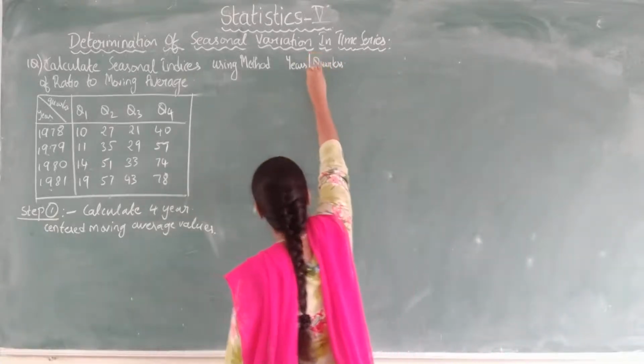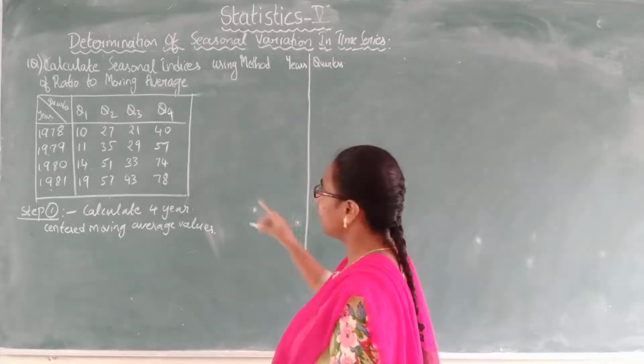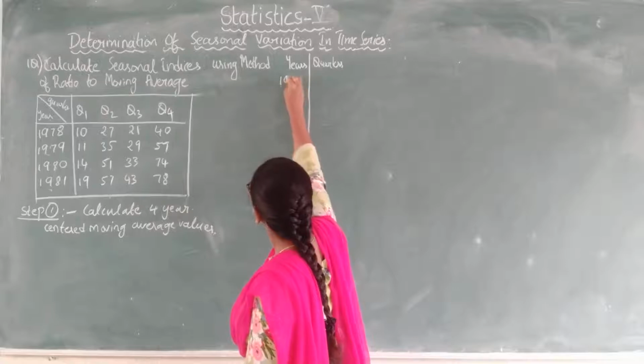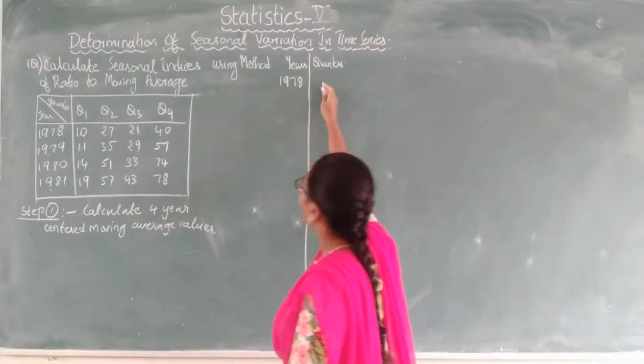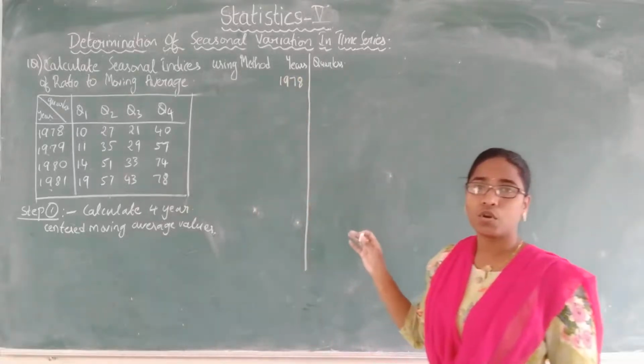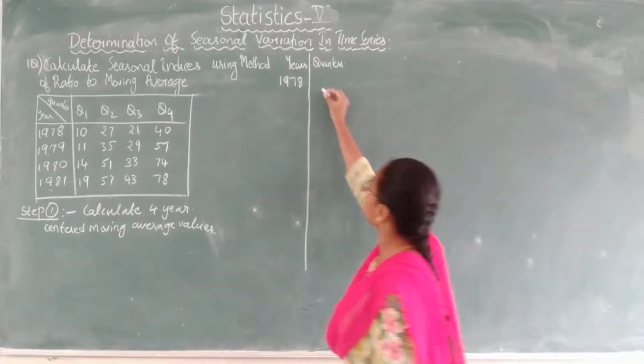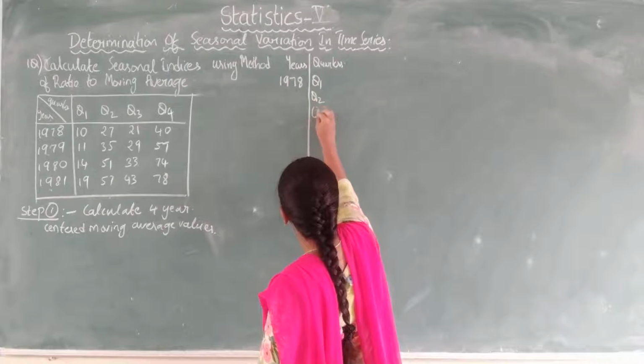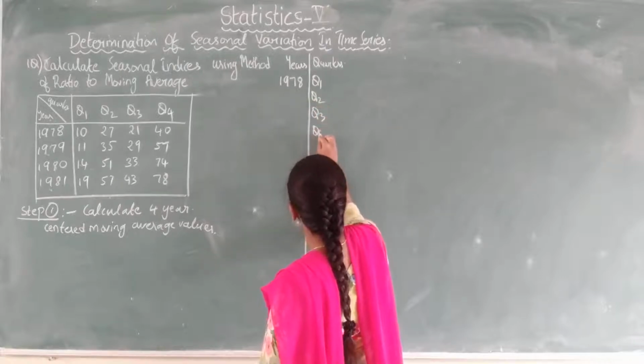How will you write the years? First write down 1978. Corresponding to 1978, how many quarters do you have? 4 quarters. So write down those quarters: Q1, Q2, Q3, Q4.